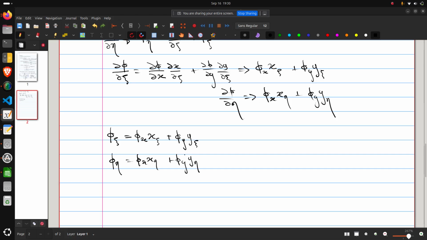Okay, now this is say 1, this is 2. What we'll do is that we'll multiply 1 with y eta and subtract it from 2 multiplied appropriately, right? So what are we left with? We are left with phi.